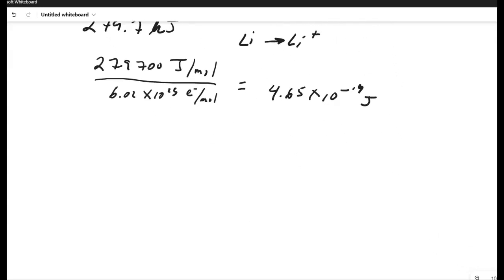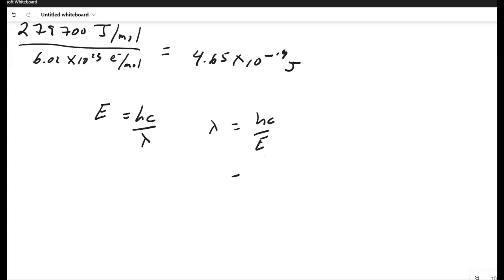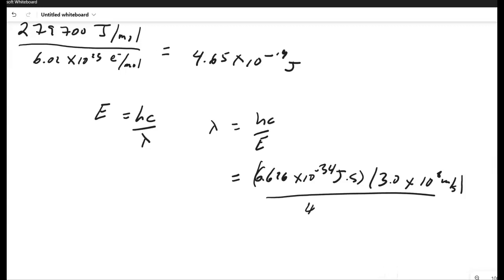Now, energy is hc over lambda, so lambda is hc over E. Let's do it. It's joule seconds times speed of light, all divided by that energy, 4.65 times 10 to the minus 19 joules.